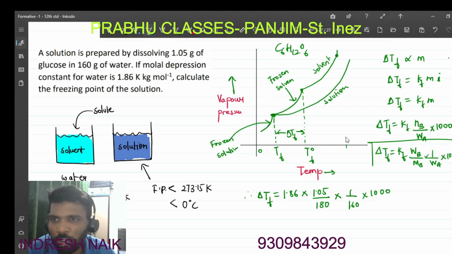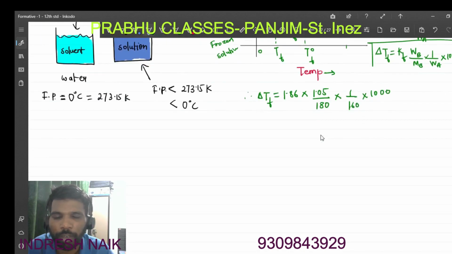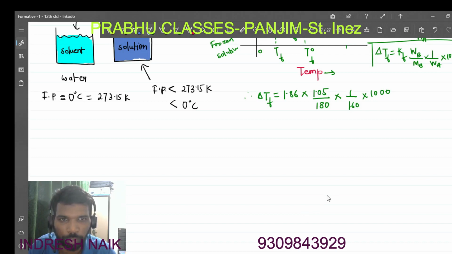So what would be the value of delta Tf? Let's calculate that. It is equal to 1.86 multiplied by 1.05, multiplied by 1000, divided by 180, divided by 160.